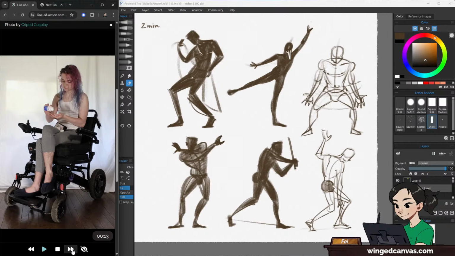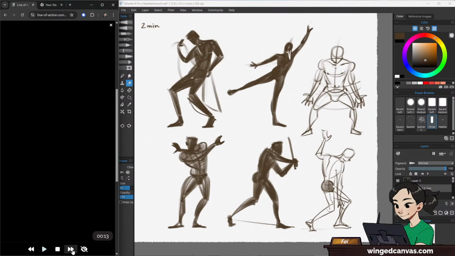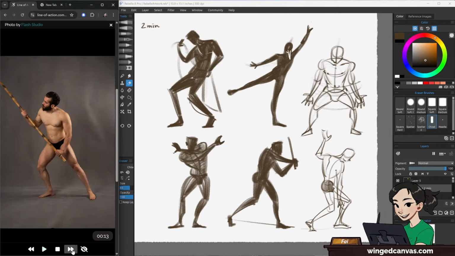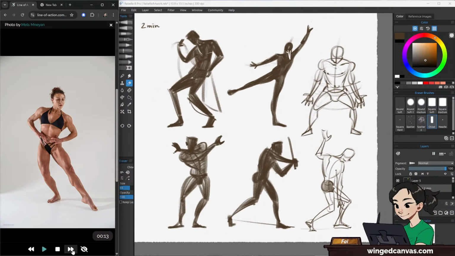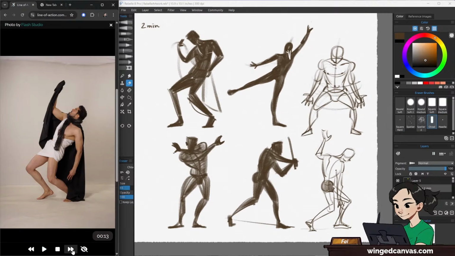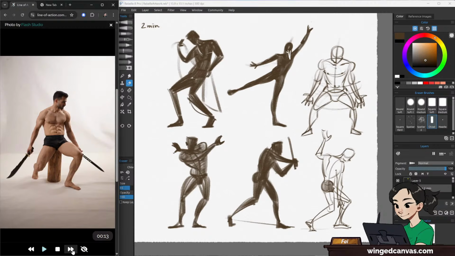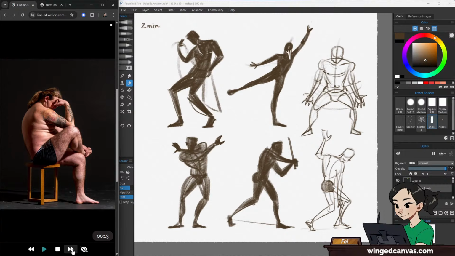So let me try to find one. I believe somebody asked about figures with crossed legs, and I want to be able to show you how to do that.